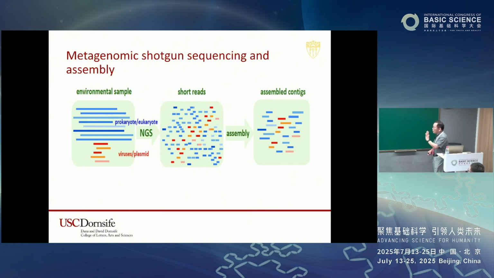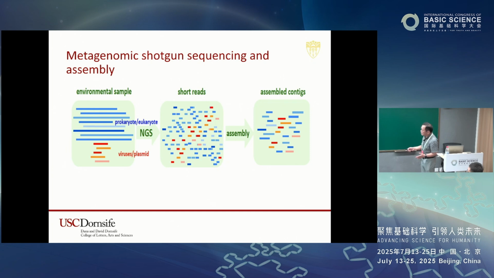For metagenomic Hi-C, we have 2 types of data. The first type is the so-called short-read data. This is the example that we have. Suppose in the community, we have a variety of different microbes.